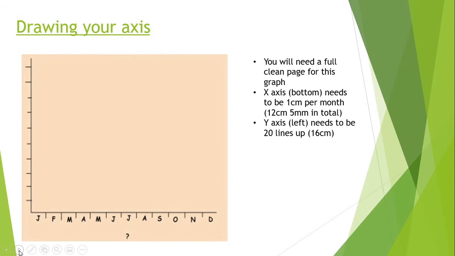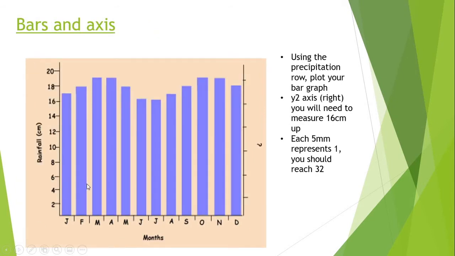Okay, so you've got your axes ready for your precipitation bar graph. You are now going to be plotting your bar graph. As you can see, it's labelled here, rainfall or precipitation in centimetres. As you can see, bars have a gap in between them, and they line up with each corresponding month.